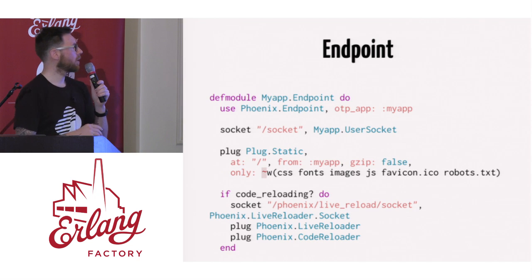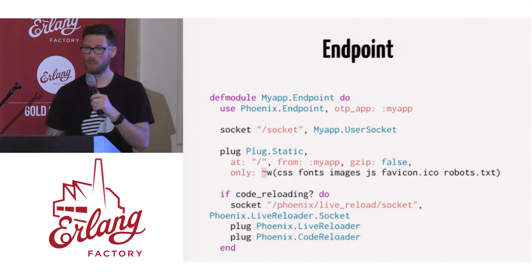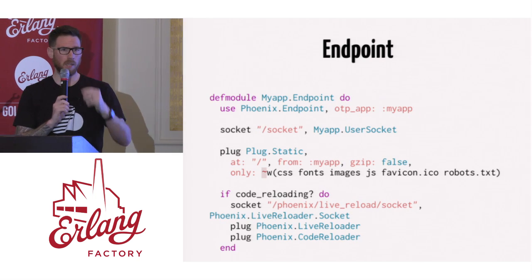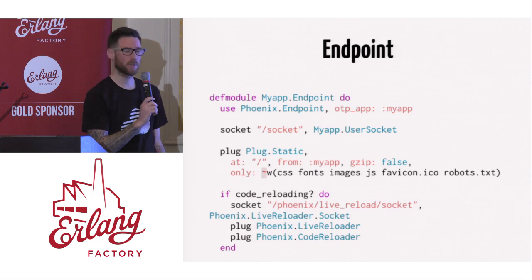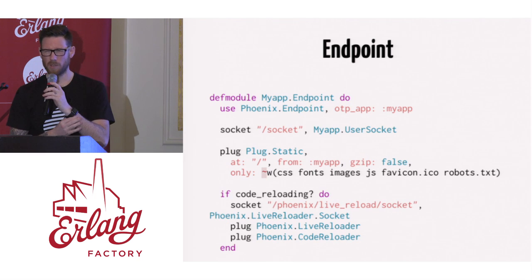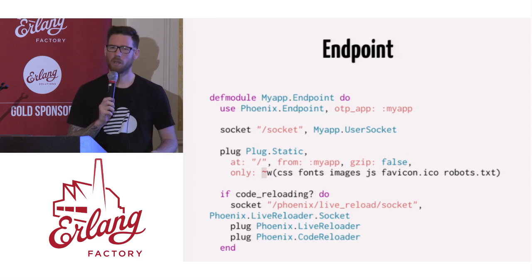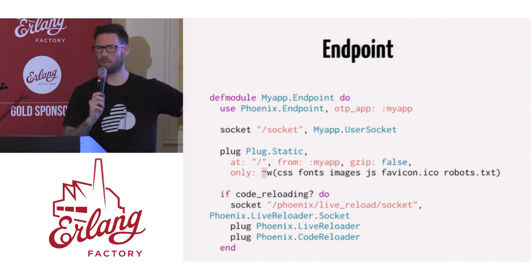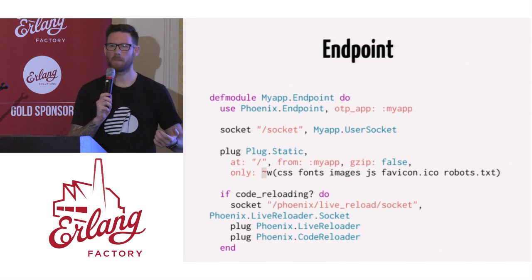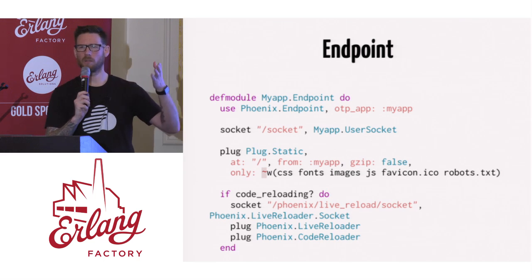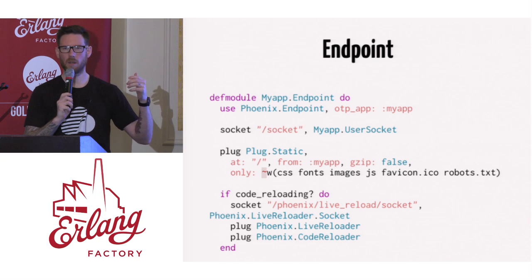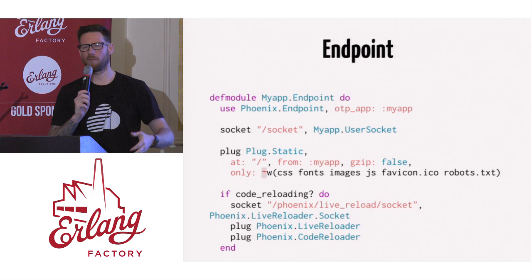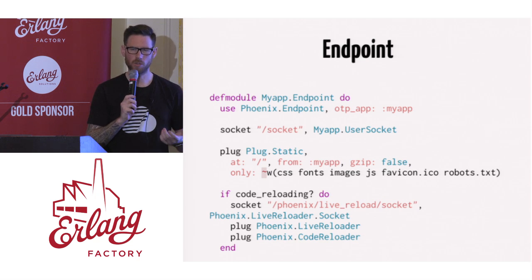And so this is the endpoint module that you have. This is what's really cool about this approach. For instance, in Rails, it's very difficult to have access to making sure of all the different middleware that you might have running in your application. You don't always have access to making sure that things are executed in certain orders, and you have to really hack it through configuration and when the application is initialized.